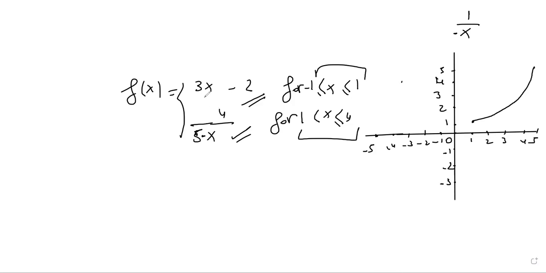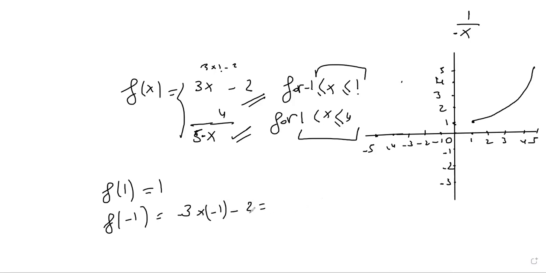From the other side, I have a line, right? So to get the image for 1, if I substitute here, it will be 3 times 1 minus 2, which is equal to 1. So the image of 1 is 1, already given to you. And the image of -1: f(-1) is equal to 3 times -1 minus 2.